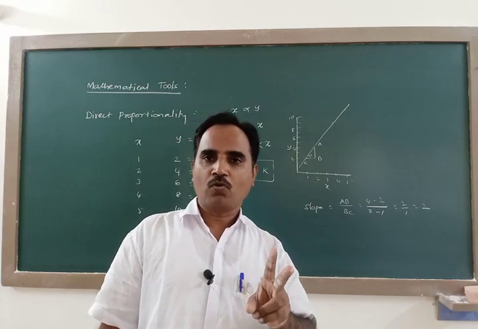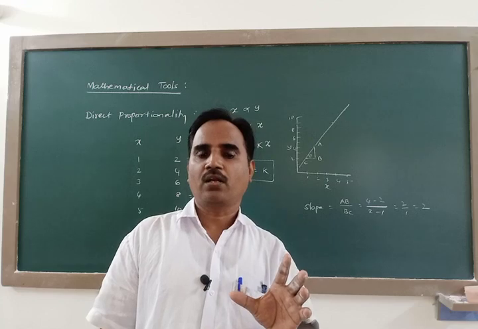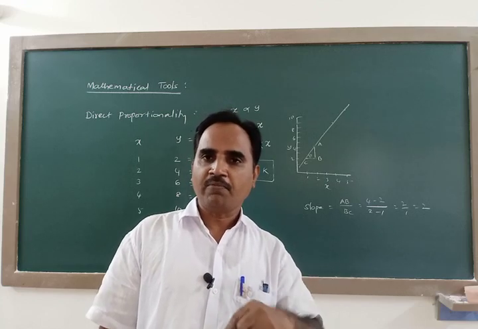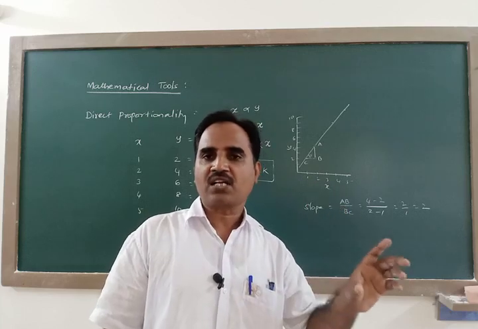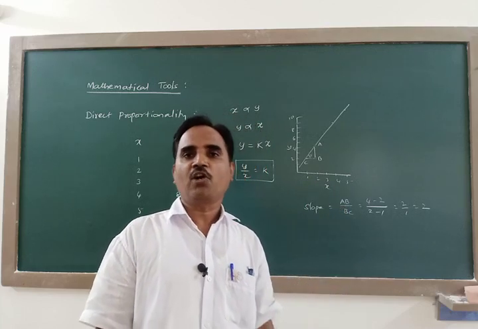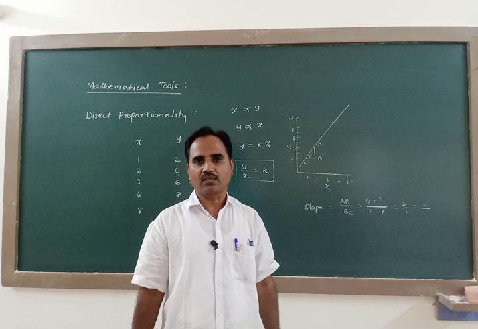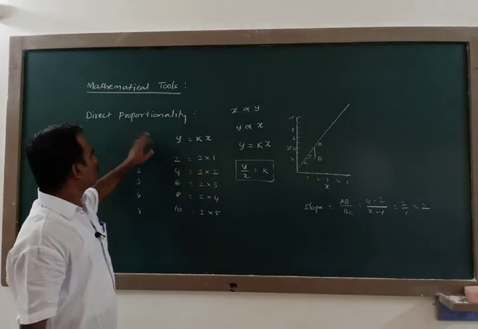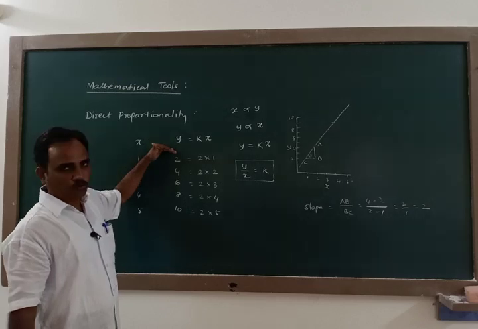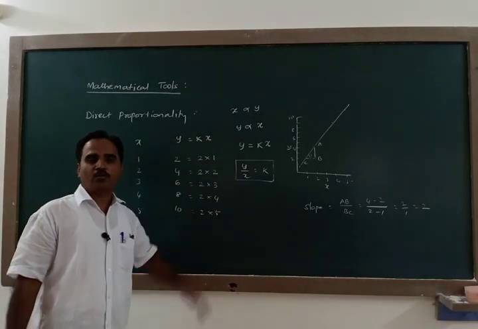When two physical quantities are directly proportional, the graph between them will be a straight line with positive slope, and the slope of that straight line would give you the value of the proportionality constant. So whenever I say two physical quantities are directly proportional, all these things should come into your mind.